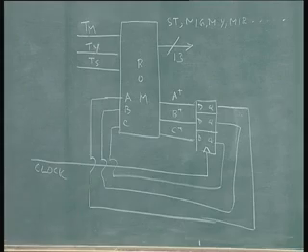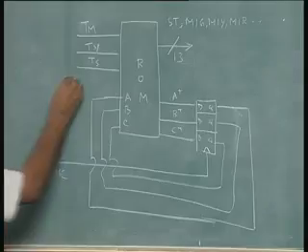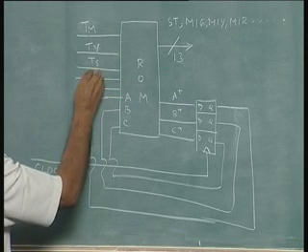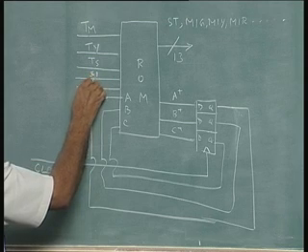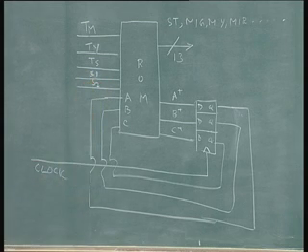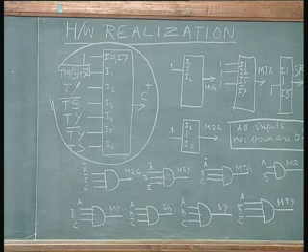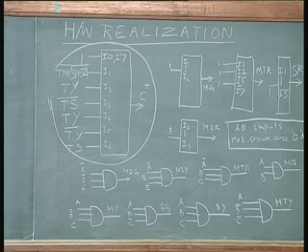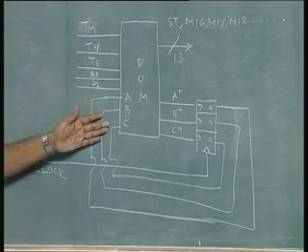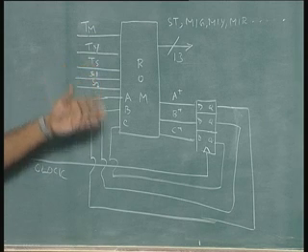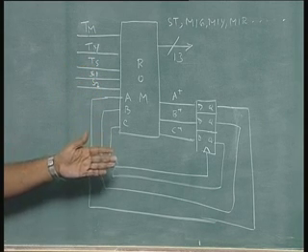Ts, Ty, Tm, S1, S2. These are the inputs. Are we leaving out anything? No. These are the only inputs to this. So, the size of this ROM would be 5 plus 3, 8 inputs, 13 plus 3, 16 outputs.